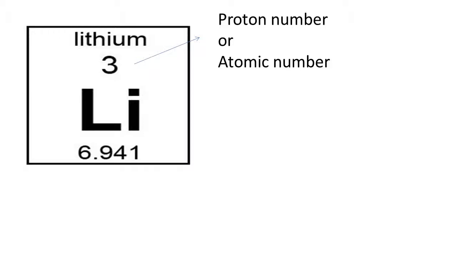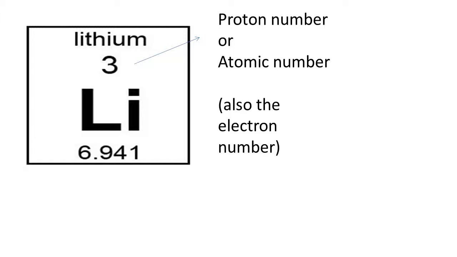It's called the proton number or the atomic number. So there are 3 protons in the nucleus of a lithium atom. Now that is also the electron number. So what do we know so far? We know that we're talking about lithium, we know there are 3 protons, and we know there are 3 electrons. I'll go into a little bit more detail about what protons and electrons are in a second. You don't find electrons in the nucleus, they whiz around the outside, but you'll see that in a sec.